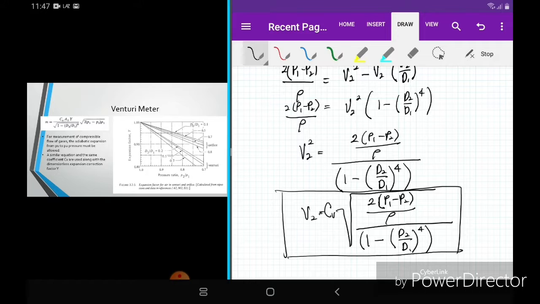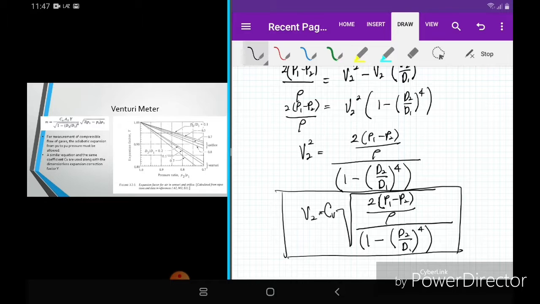Now, if for example, compressible gases yan, so for the measurement of compressible flow of gases, the adiabatic expansion from P sub 1 to P sub 2 pressure must be allowed for this particular equation. Okay?